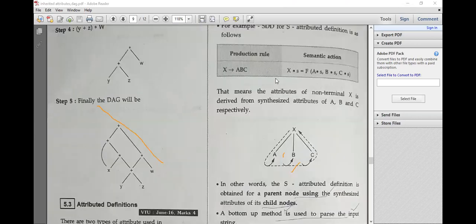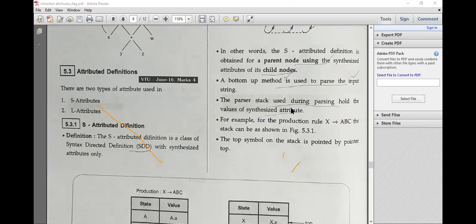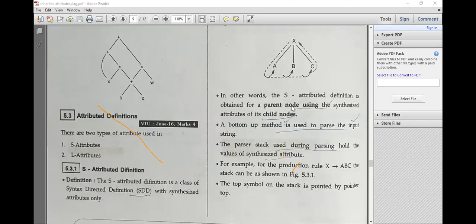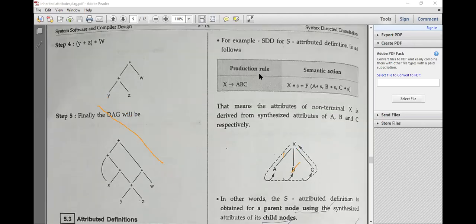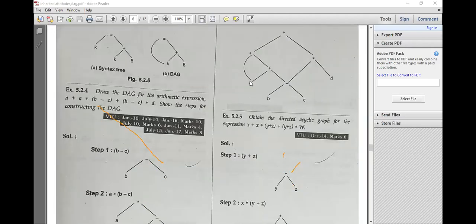Anyone? Any doubt in drawing the DAG and then the syntax trees? Because next class we'll go with a different level of drawing, the S attributes and then L attributes. Any doubt? Anybody? 22 students are there. Anyone?